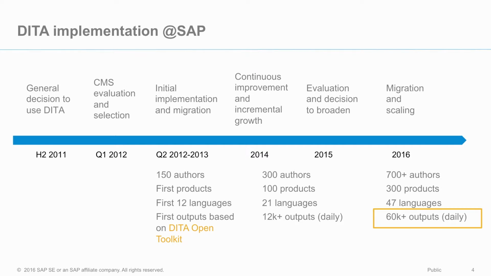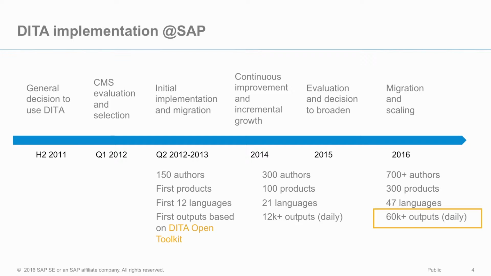And then in 2014-15, we went into a kind of incremental growth, where we migrated incrementally a lot of content coming from some legacy systems, from acquisitions, and obviously we kept growing, about 300 authors and 100 products during this time. And in 2015, we made a decision to move the rest of our DITA content from legacy systems into the DITA landscape.